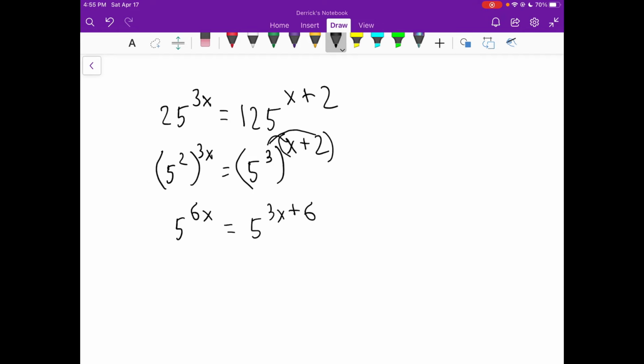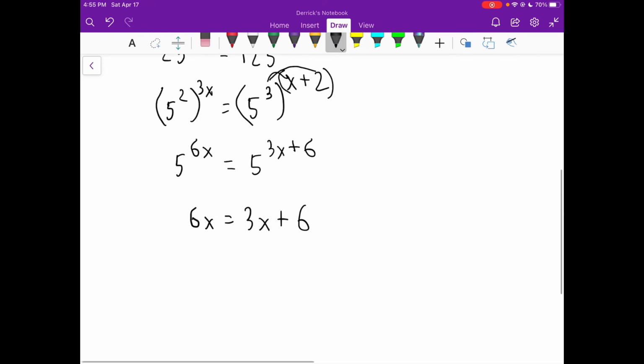And now, like I already showed you with the one-to-one property earlier, since both of those bases are 5, we can simply ignore the bases and set these exponents equal to each other. And what we see now is we've basically created a reasonably simple linear equation that we should be able to solve out.